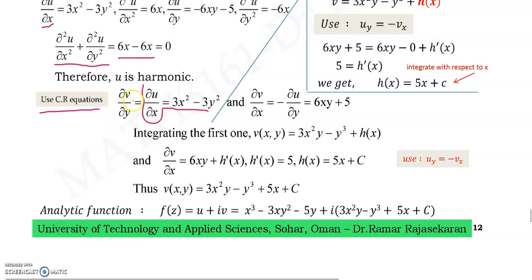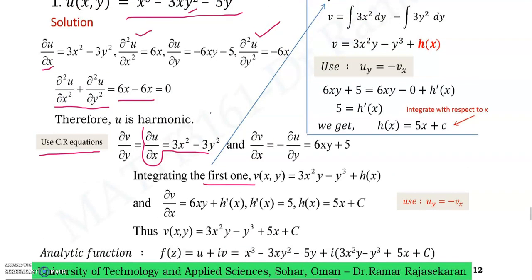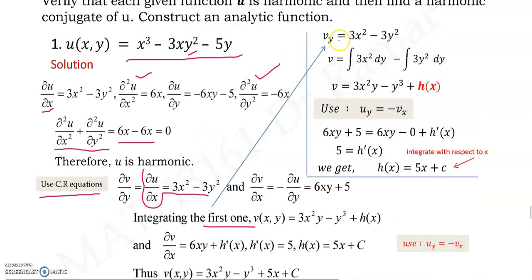Because it is harmonic, the CR equations are true, so I write ∂u/∂x is equal to ∂v/∂y. So now I can take the first part, which means ∂v/∂y is equal to this. You consider only this. Integrating the first one, which means you have to integrate this. Now for the integration, I write here separately. See here, what is here v_y?